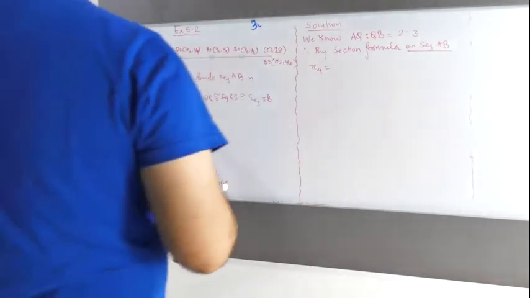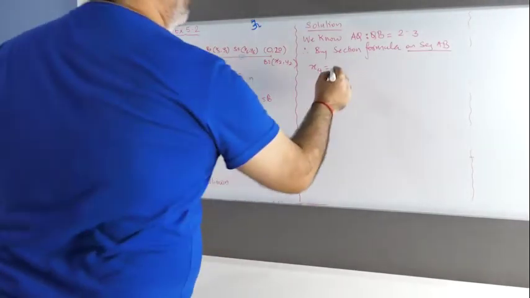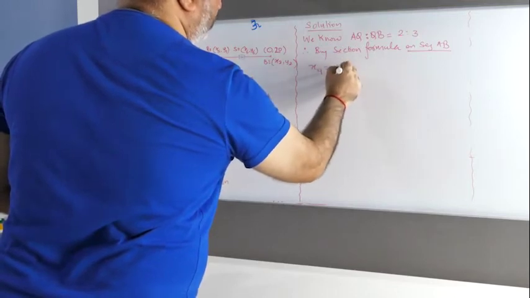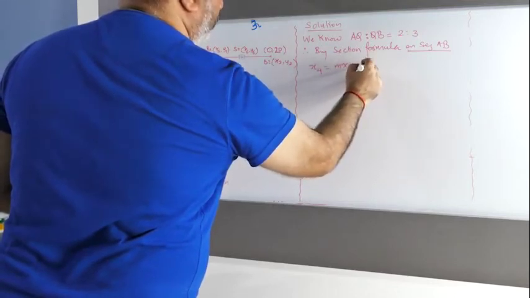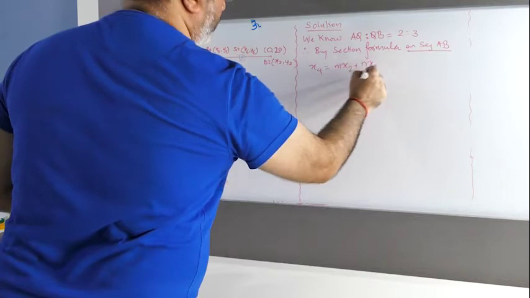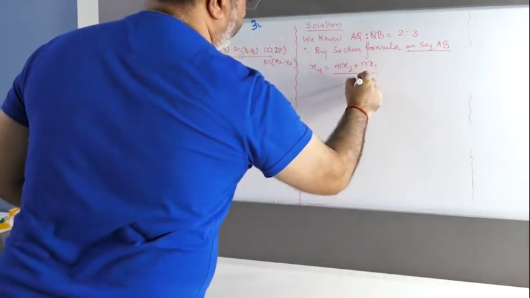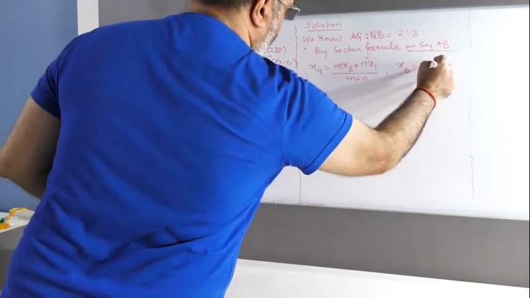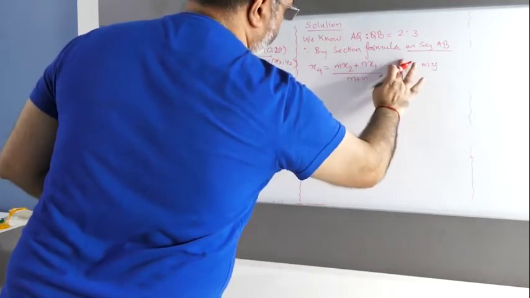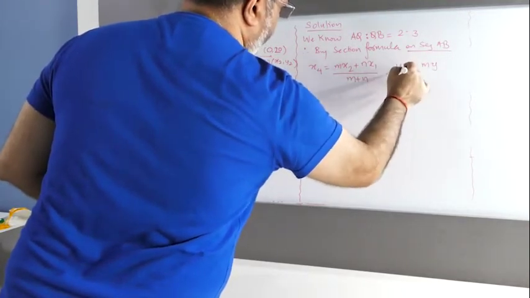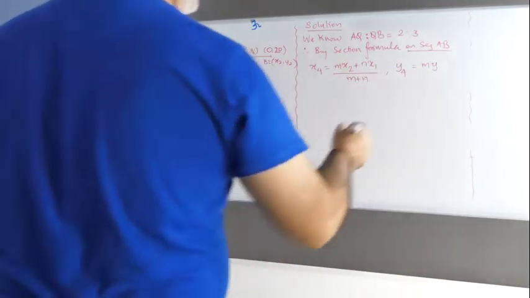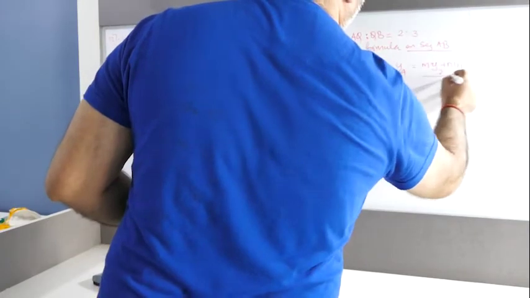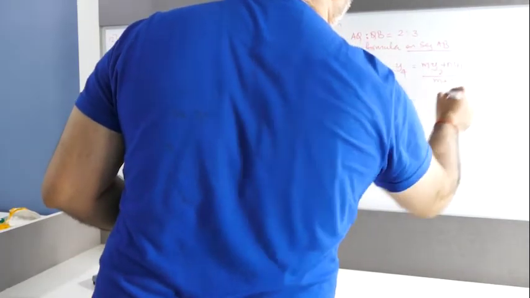So you have x4 equal to (m x2 plus n x1) upon (m plus n), and y4 is equal to (m y2 plus n y1) upon (m plus n).